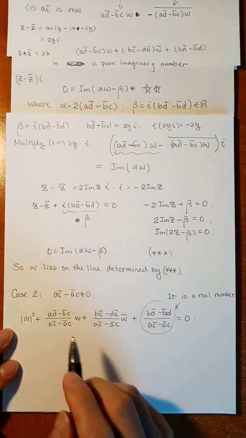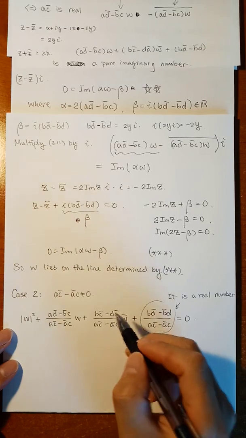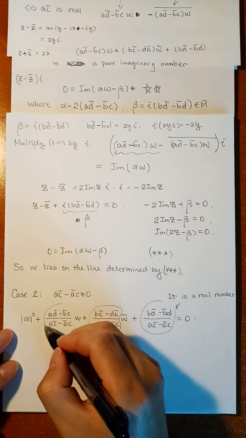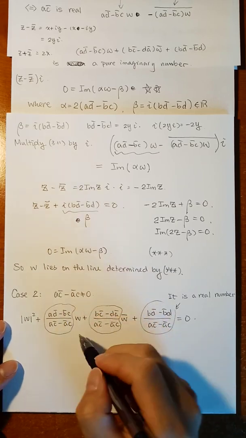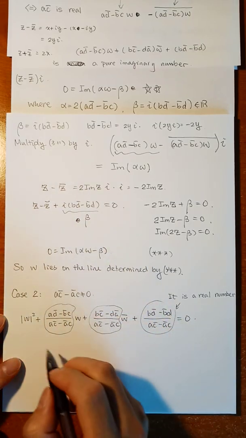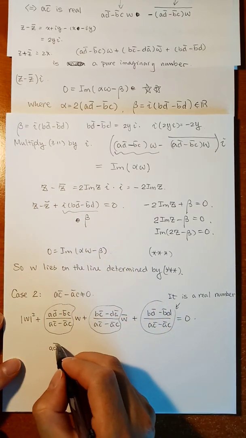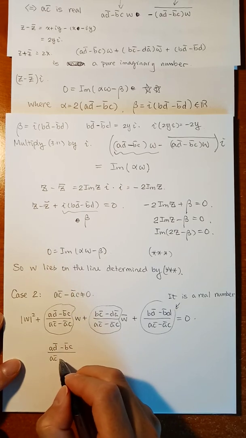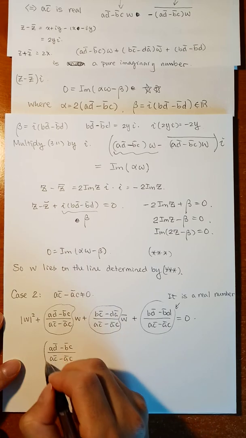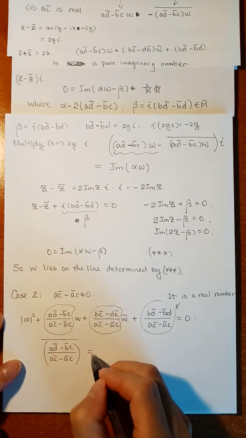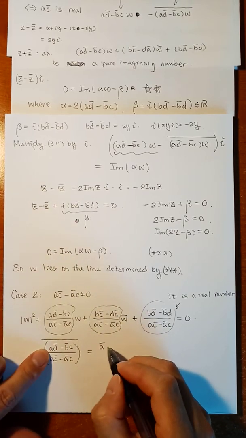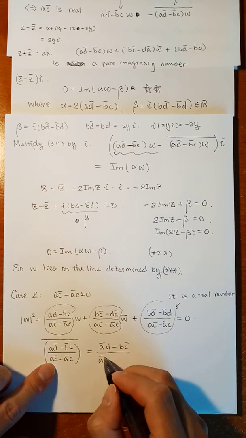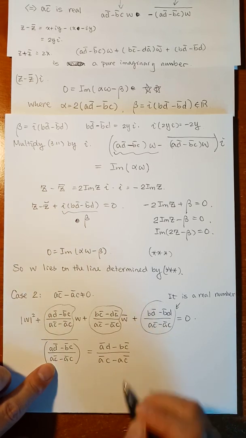And on the left side, if you check, these two coefficients are conjugate to each other. So you see AD bar minus B bar C over AC bar minus A bar C. If we take the complex conjugate, we'll have A bar D minus BC bar over A bar C minus AC bar.